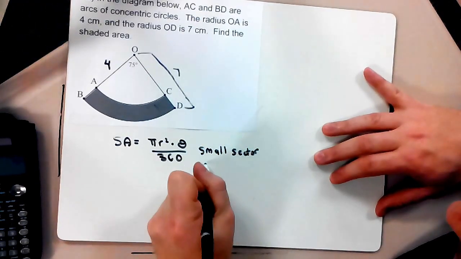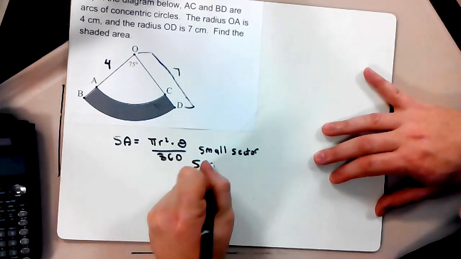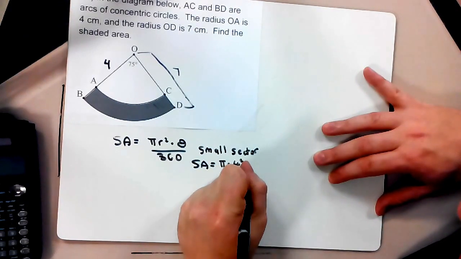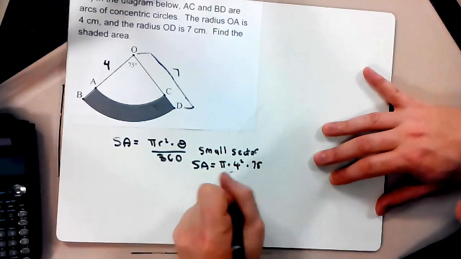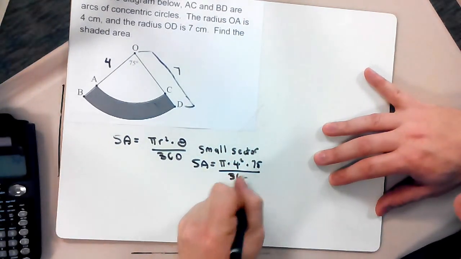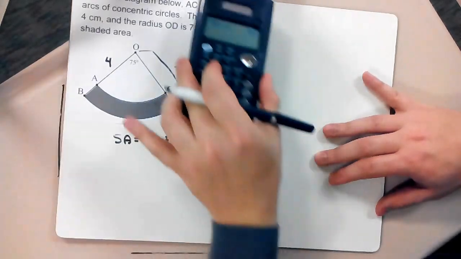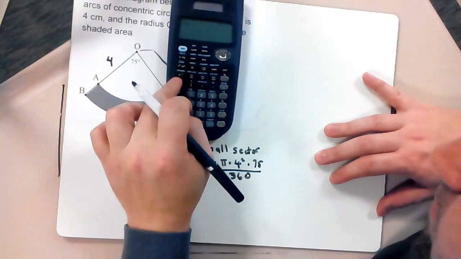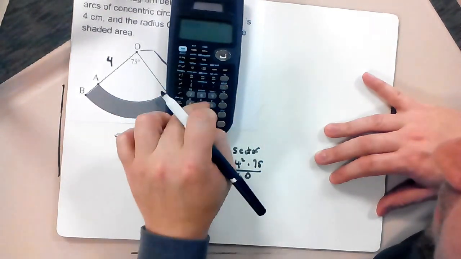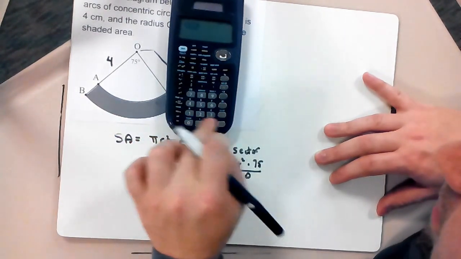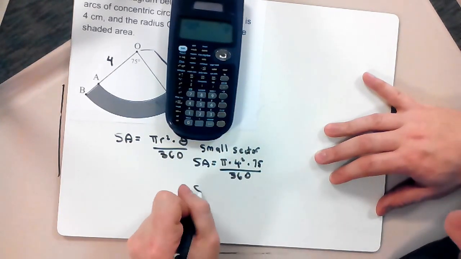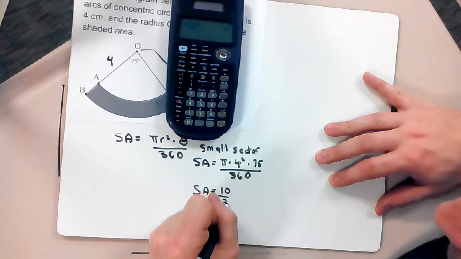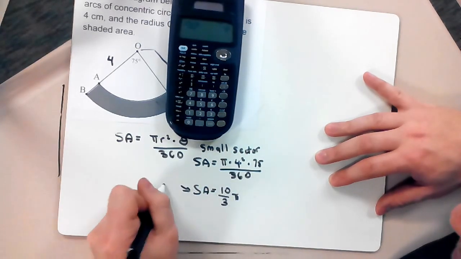That's going to be sector area equals pi times 4 squared times 75 over 360. I am just plugging that right into the calculator. 4 squared times 75 over 360. So the sector area of the smaller one is 10 over 3 pi. That's the small sector.